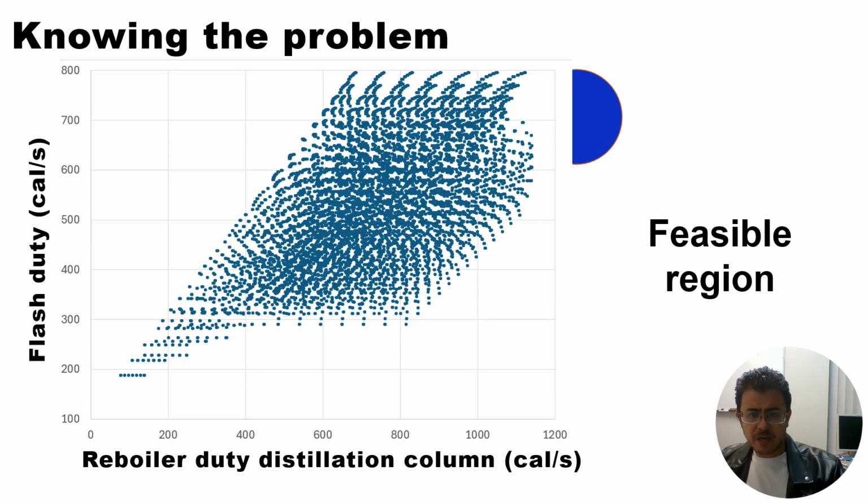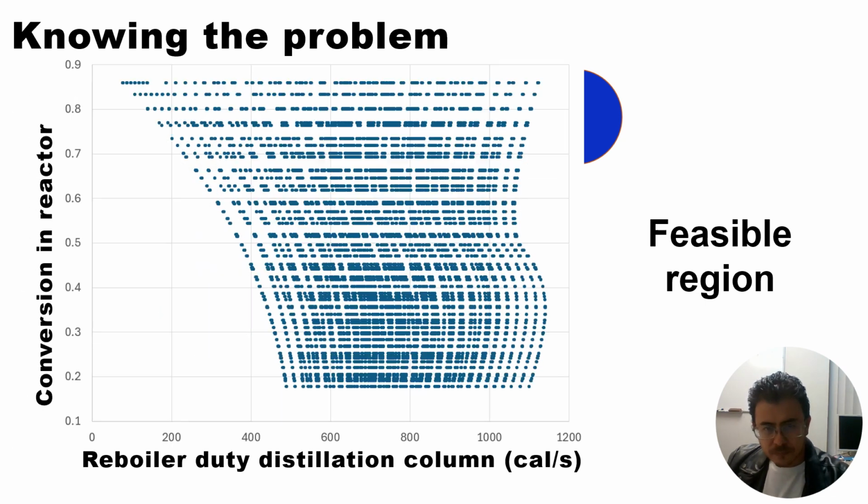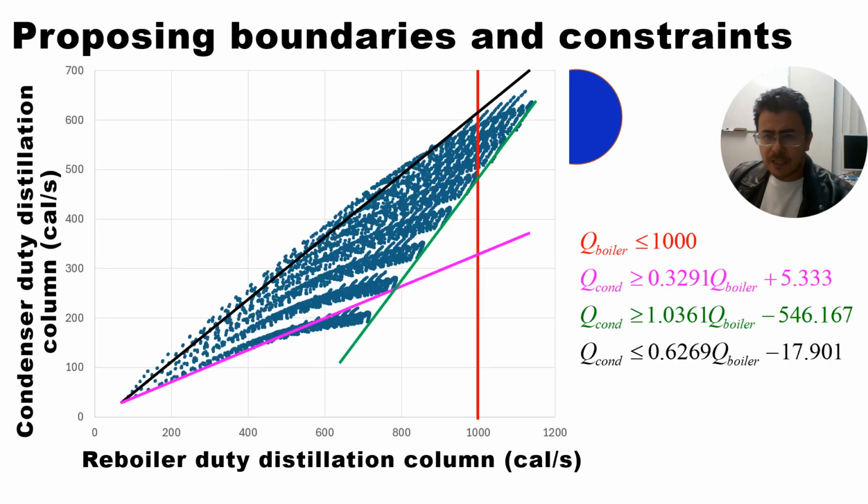This is another behavior, and we can observe that the behavior between variables maybe is not easy to predict before solving the model. But the importance of this feasible region is that we can propose some equations in order to simplify the model.